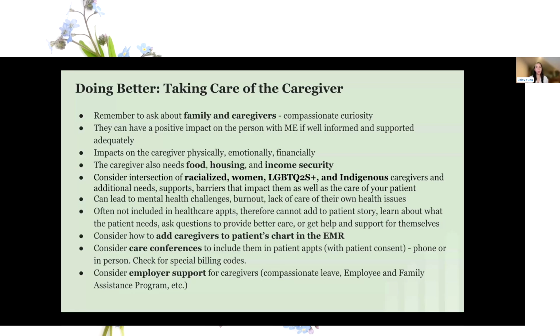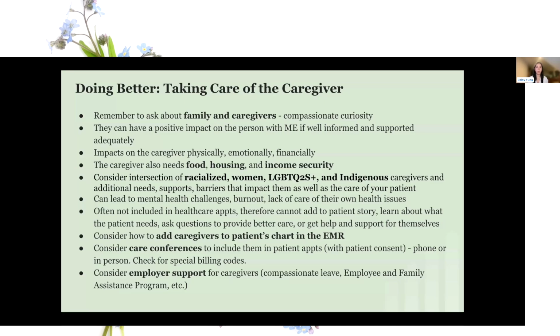Our patients are more supported in communicating with their caregivers what they need for rest, aggressive rest, pacing, and what worsens PEM. We also need to consider food, housing, income security, and as always, marginalized populations. We know that caregivers are often made up of women, immigrants, racialized, and otherwise marginalized groups.